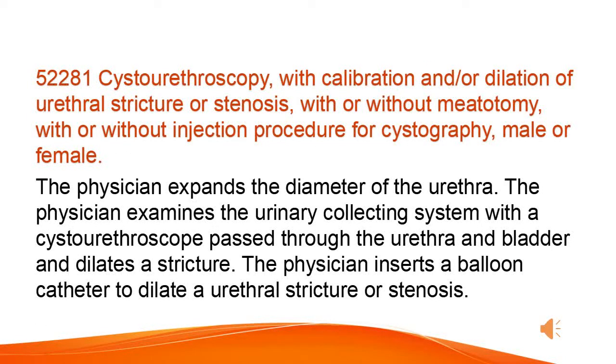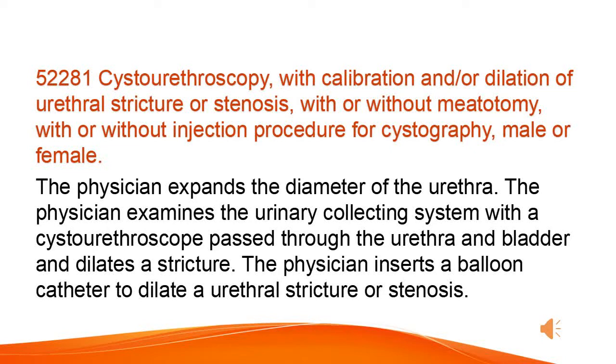Cystourethroscopy, with calibration and/or dilation of urethral stricture or stenosis, with or without meatotomy, with or without injection procedure for cystography, male or female. The physician expands the diameter of the urethra. The physician examines the urinary collecting system with a cystourethroscope passed through the urethra and bladder and dilates a stricture.